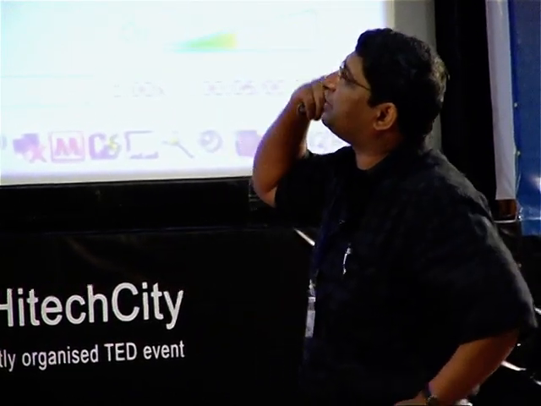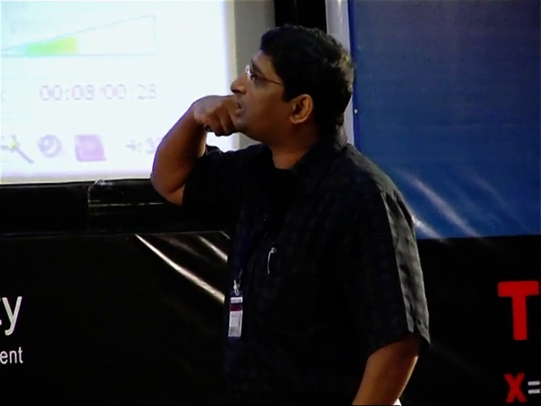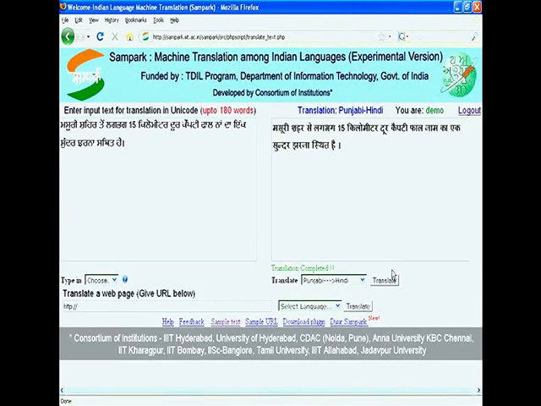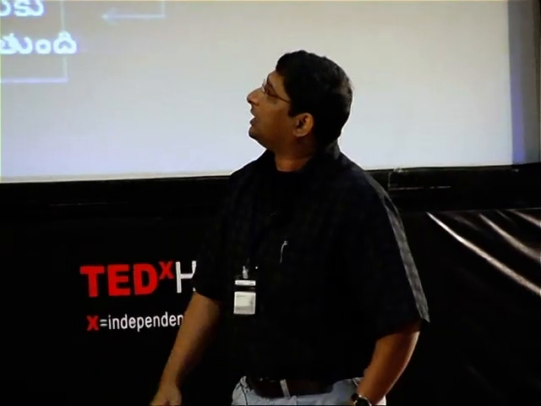So this is the system that is developed in collaboration, and 18 pairs of languages will be available soon. So here we chose to do the Punjabi text and then translate that into Hindi, and then you have the translated version of Hindi text.